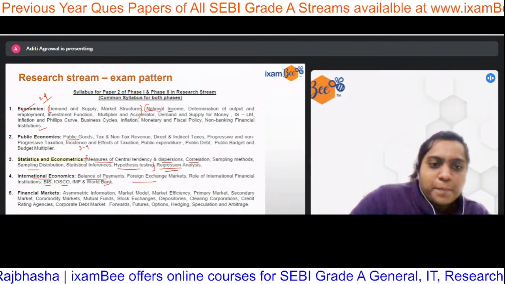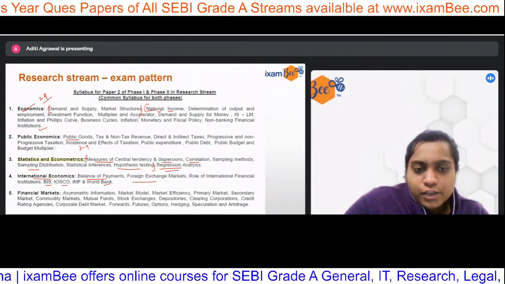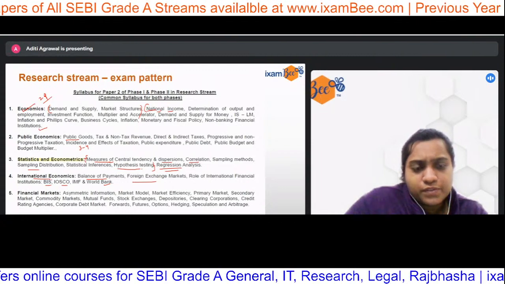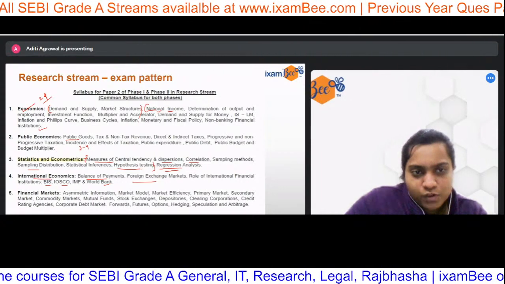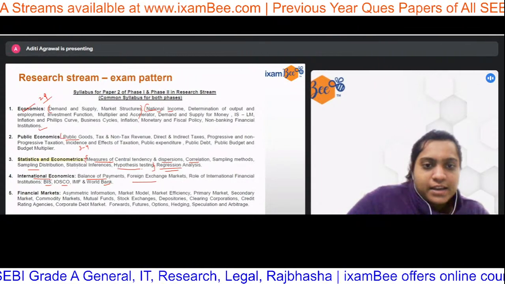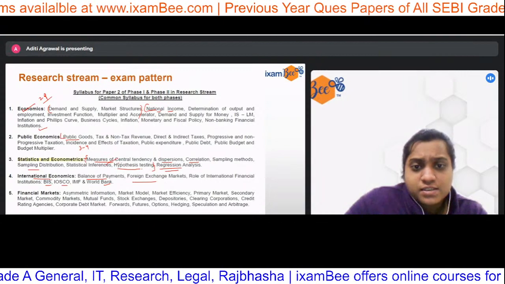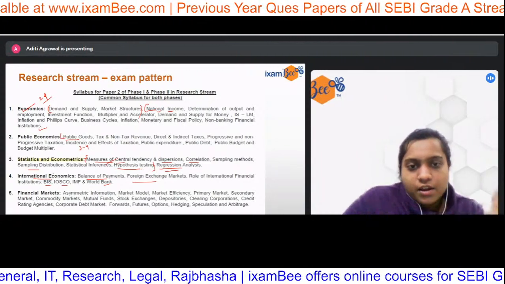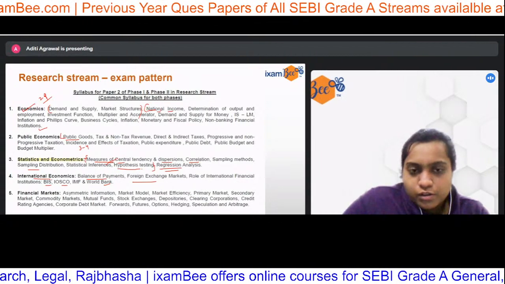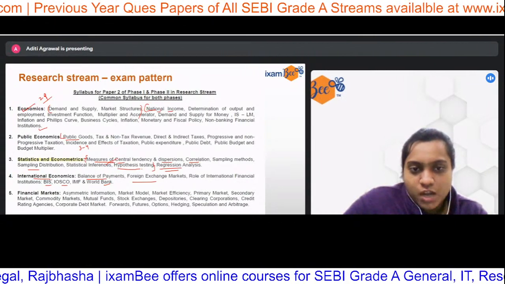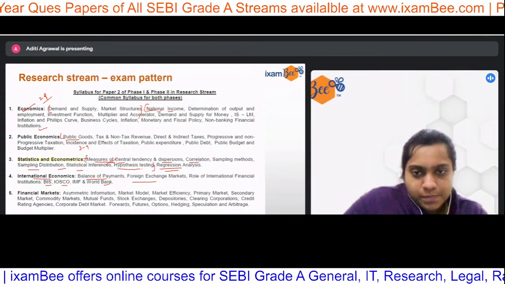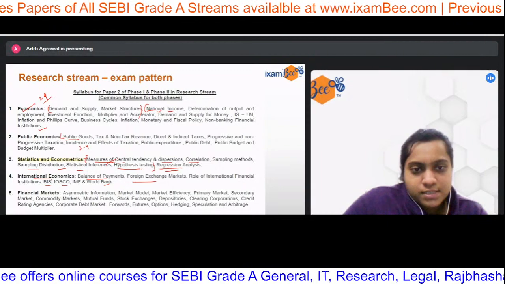So, only the basic things. In a brief analysis of the previous year paper, even if you prepare only the basic concepts from the syllabus, like what a public good is, what the different measures of central tendency are, how the three measures differ from each other, and in which areas you need to use one in place of the other, even a basic understanding of these concepts can give you very good marks in the examination.